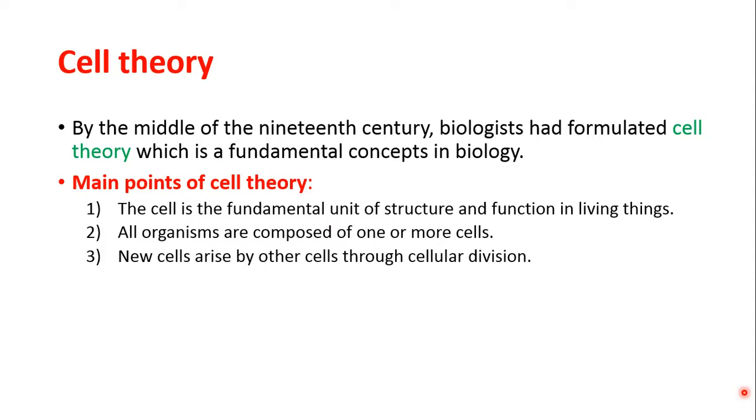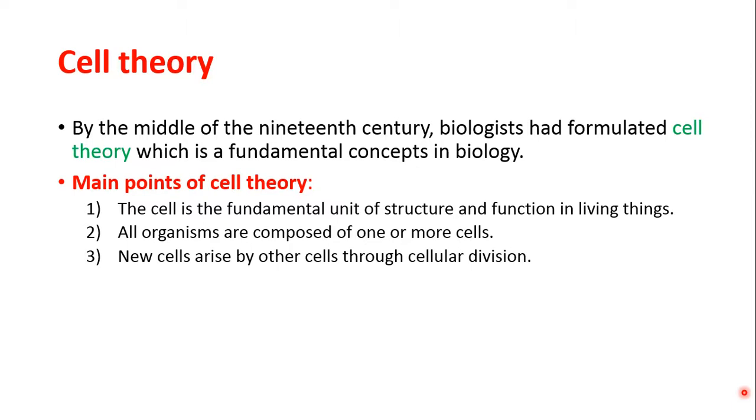Third, new cells arise from other cells through cellular division. All cells arise from pre-existing cells. It means that for new daughter cells, a pre-existing cell or parental cell is very important.